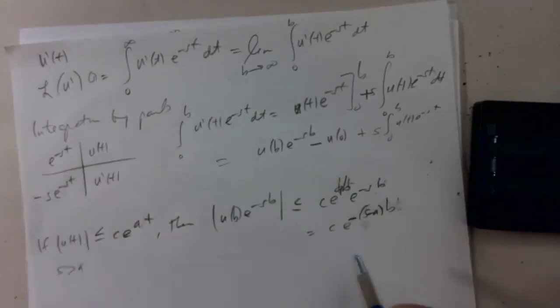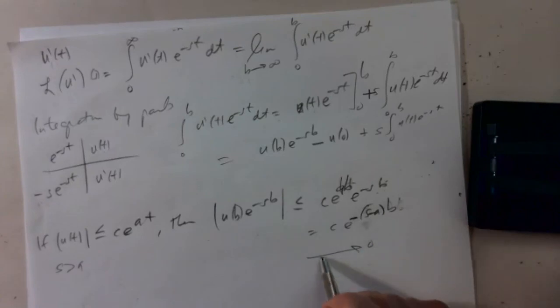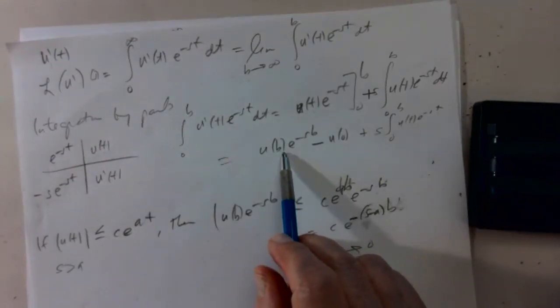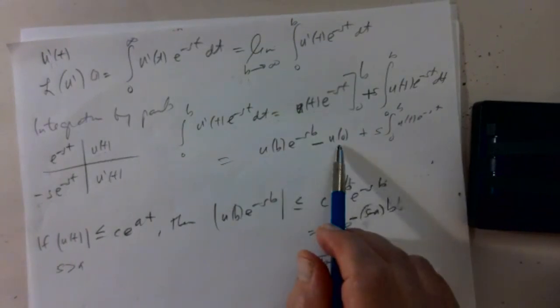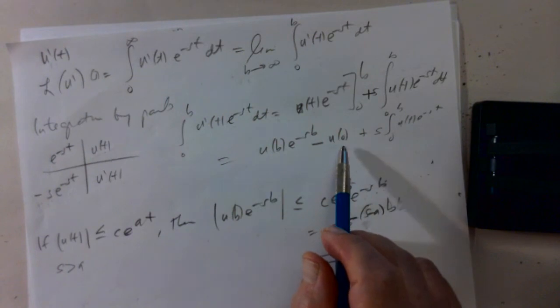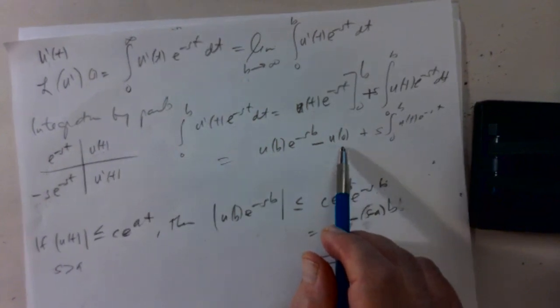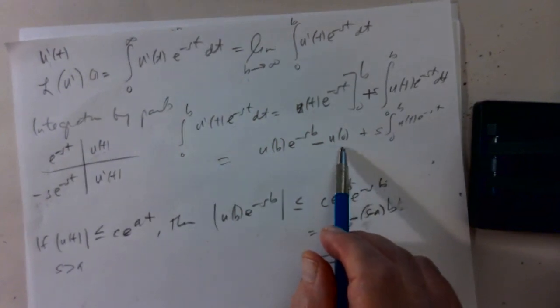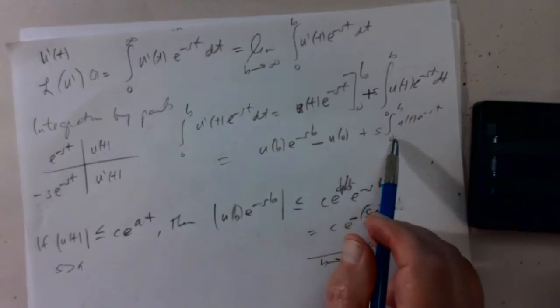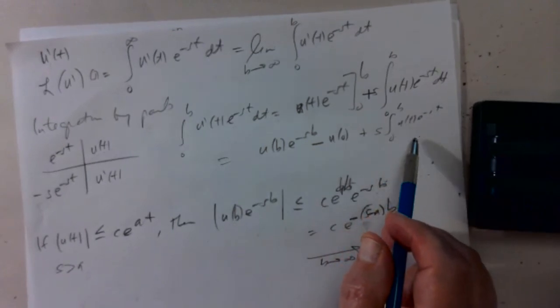If s is bigger than a, this goes to 0 as b goes to infinity. So this term goes to 0 for s bigger than a. And as b goes to infinity, this is just the Laplace transform.